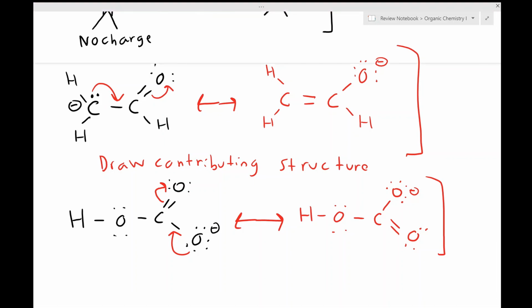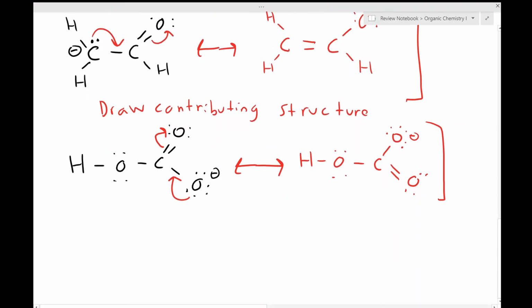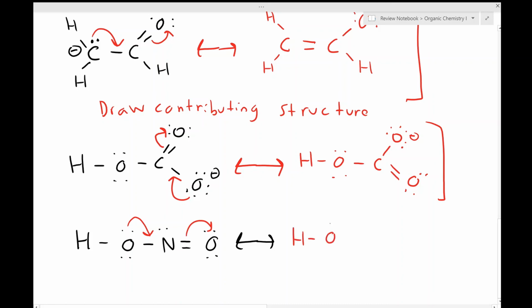Do one more quick one, to see that we got it. Got our hydrogen, oxygen. So what's moving here? Show this lone pair on the oxygen creates a double bond with that nitrogen, and this double bond on this side turns into a lone pair. Get your hydrogen, your oxygen. Now there's only 2 valence electrons here.